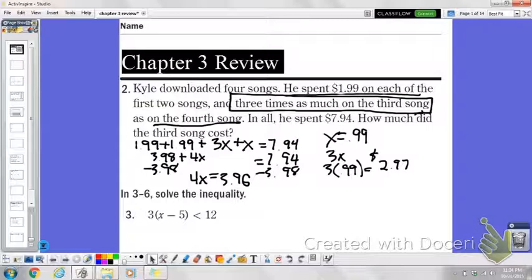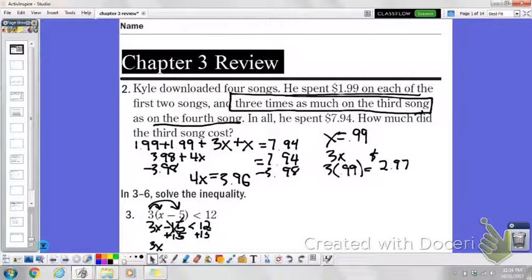In the next problem, we have to solve this inequality. 3 times the quantity of x minus 5 is less than 12. First thing we need to do is distribute. So I'll distribute the 3 to the x, giving me 3x, and the 3 to the negative 5, giving me negative 15. And that'll be less than 12. Add 15 to both sides, giving me 3x.